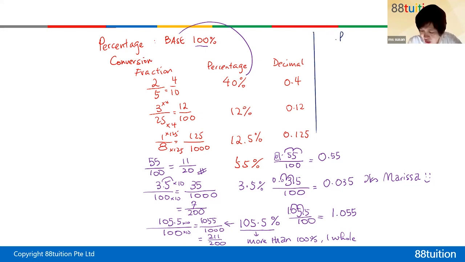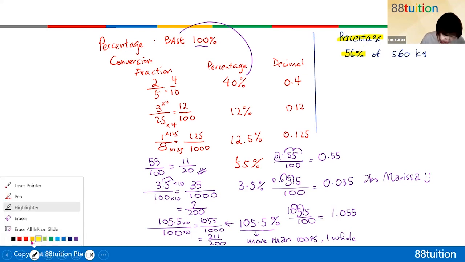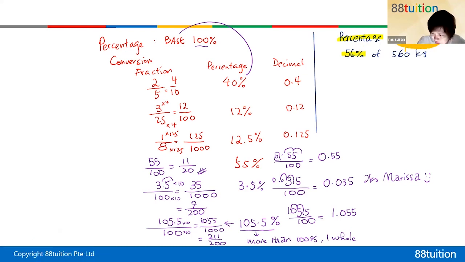Percentage of a quantity, meaning, for example, 56% of 560 kilogram. Do you see there is a percentage and there is a quantity? This one is called the percentage. And where is the quantity? This is the quantity.